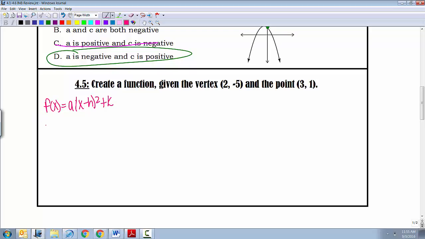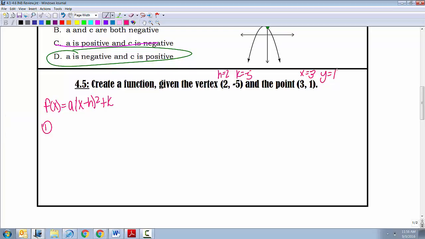Step 1 is to plug in all the values. So I know my vertex: h equals 2 and k equals -5. And my point, x equals 3 and y equals 1. That's given to us. You need to know that the vertex is going to be your h and your k value.